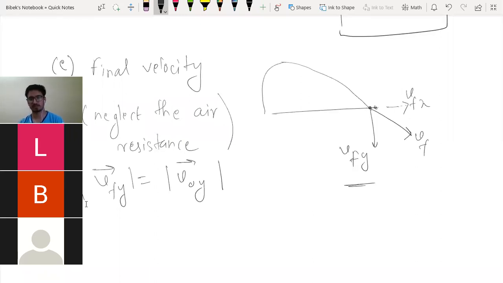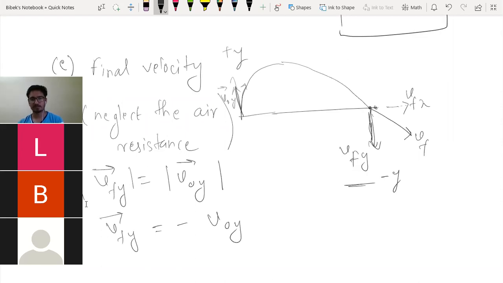That was over here when it launched. The v naught y was over here, right? So this length and this length of the vector will be equal, but the direction will be exactly opposite, because it's going towards positive y here and it's coming towards negative y here. So the direction will be negative. So that's one thing.